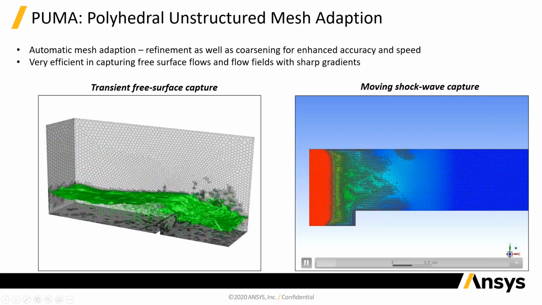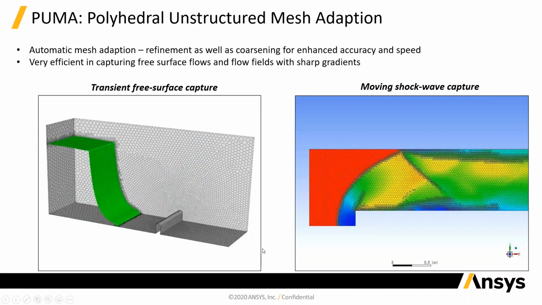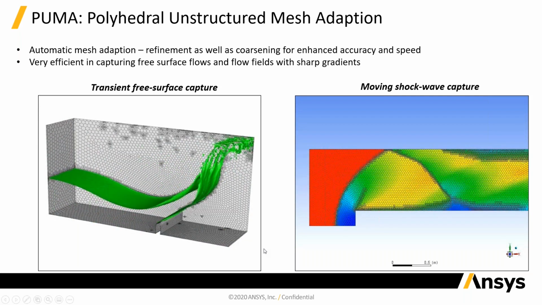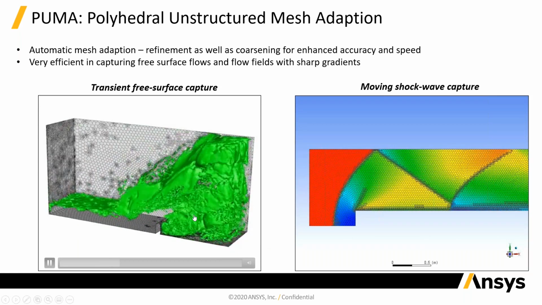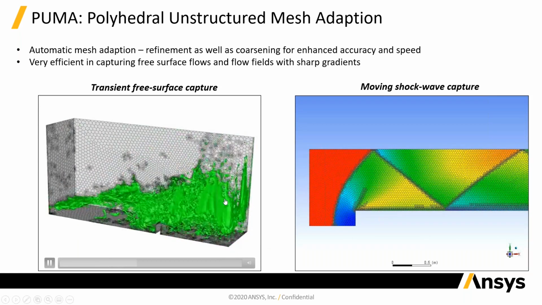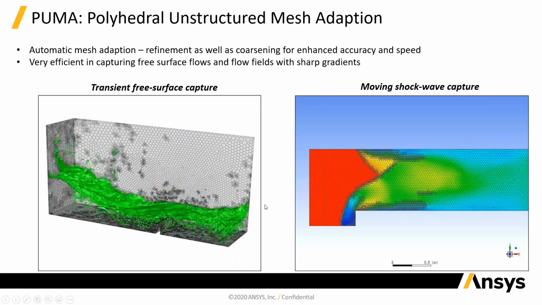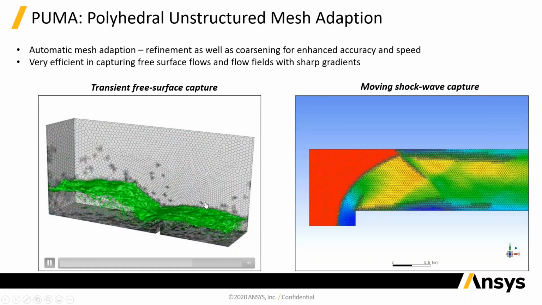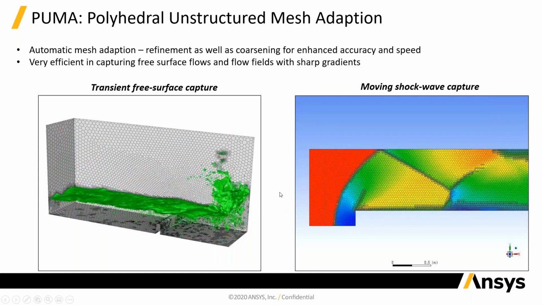So you can see that this is a much, much more efficient way of actually getting fine mesh where you need it. And the fact that the mesh follows the solution and it can be added and subtracted where it's no longer needed. And we've seen particularly large benefits for free surfaces, compressible flow, and combustion.